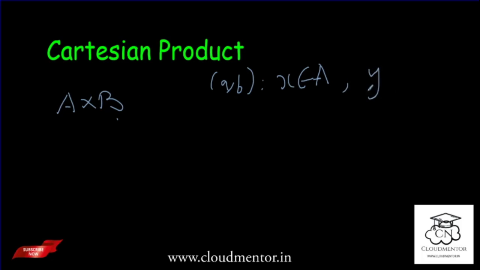The Cartesian product of A and B is denoted by A cross B and is defined as the set of all ordered pairs (a, b), where a is an element of set A and b is an element of set B. That is a condition here.